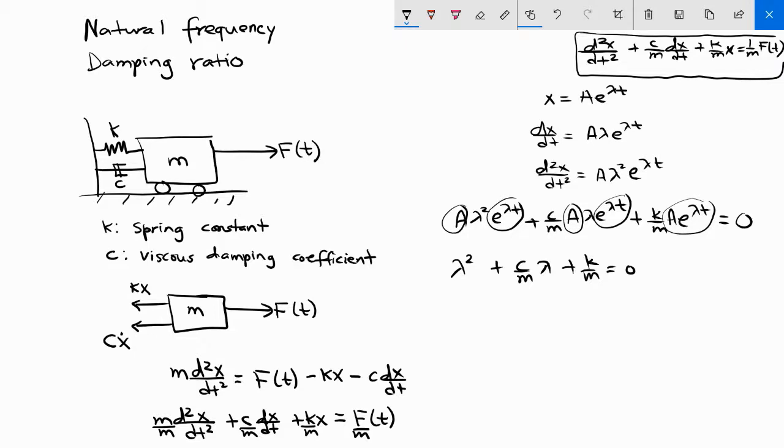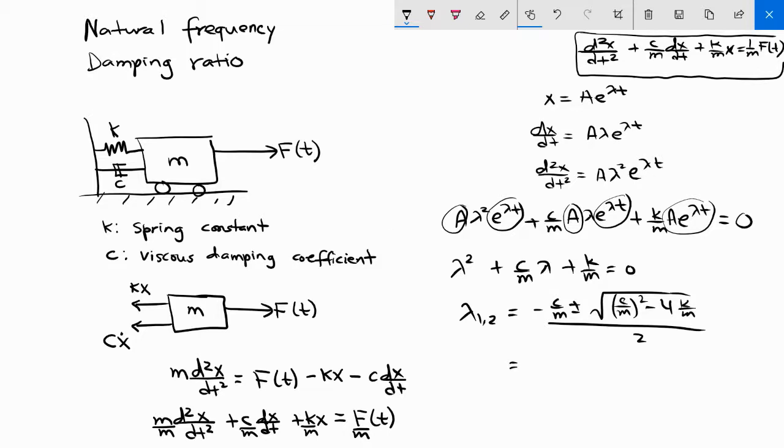Now this is a quadratic equation, and you know the solution of the quadratic equation. In this case, there will be two solutions because it's a second order equation, and the two solutions are minus c over m plus or minus the square root of (c over m) squared minus 4 times k over m, divided by 2.